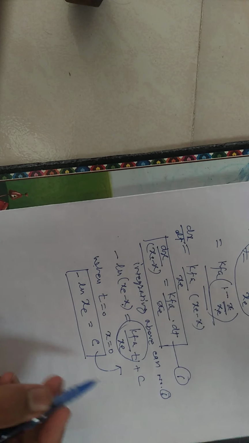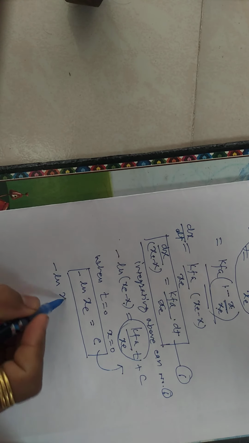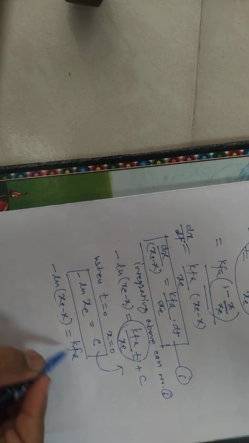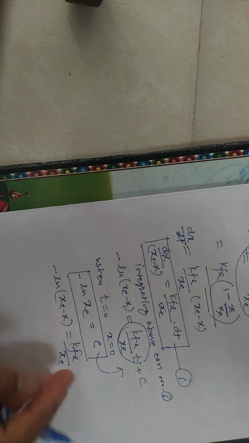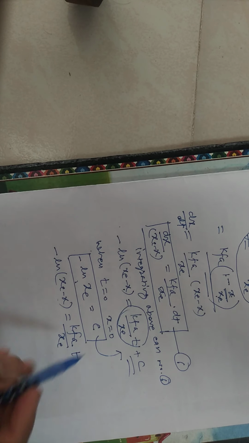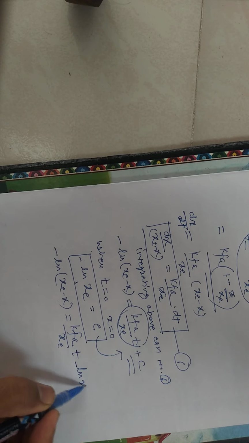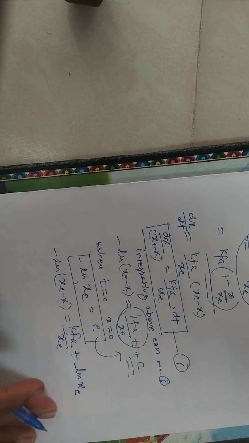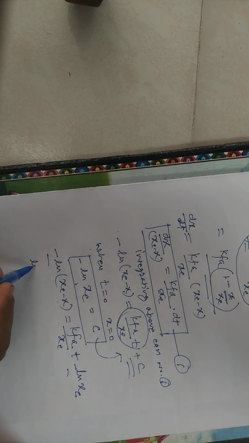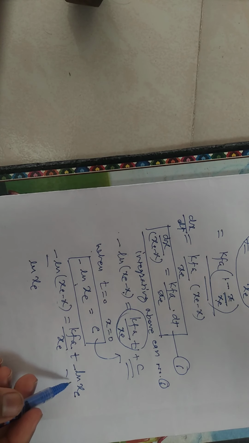Now putting this value into the above equation, again you will get minus ln xe minus x, that is equal to kfa upon xe, now into t. Now for plus c you have to put this value, so it is minus ln xe. So now this negative, we can also rearrange it, ln xe, so it goes towards the right hand side.